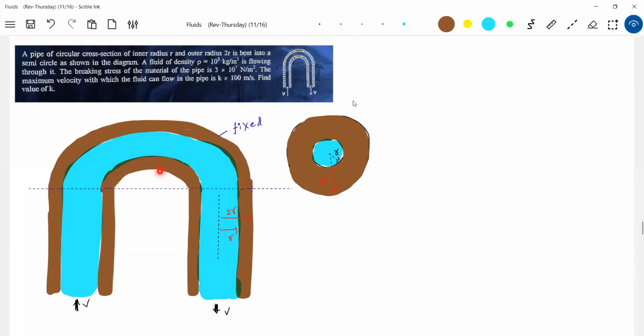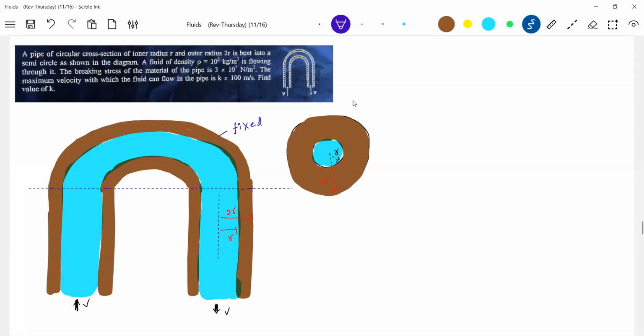So the semicircular part: what is the force acting on this one? This liquid will rush here and strike it. So what is the force here? Rho times the area of cross section. Let S be the area of cross section: rho S V square, rho S V square. That force is trying to pull these vertical parts, the material. This particular semicircular section is trying to pull the vertical, or linear straight pipes.